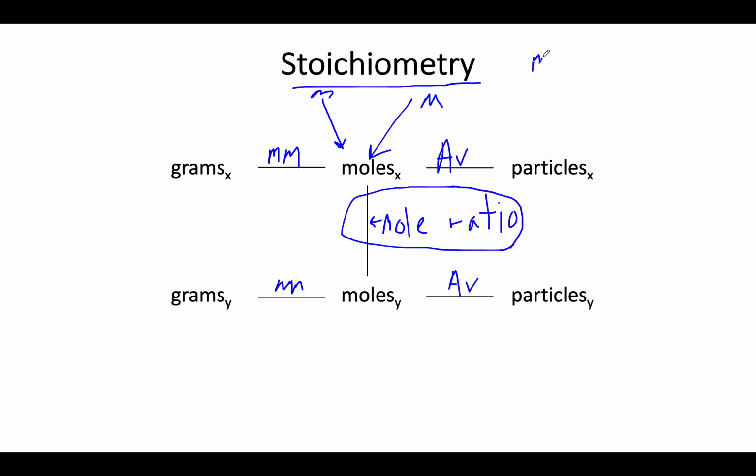So if you have molarity, which we rewrite as moles per liter, and you're given liters of something, you just take that and multiply it, and you get moles, okay? Well, that gets us back into this framework. If you have moles, then you can convert it to grams. If you have moles, you can convert to particles, or you can convert to moles of something else. So liters times molarity gets you to moles.